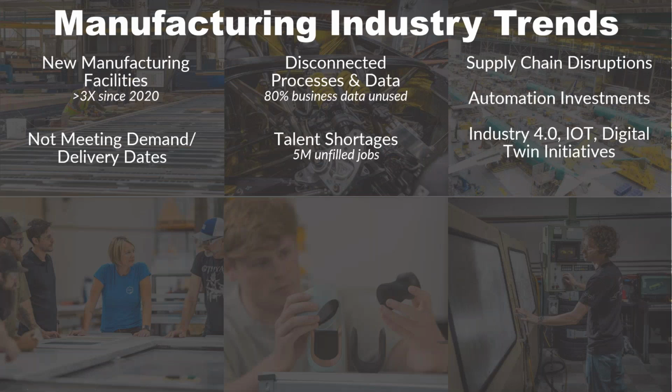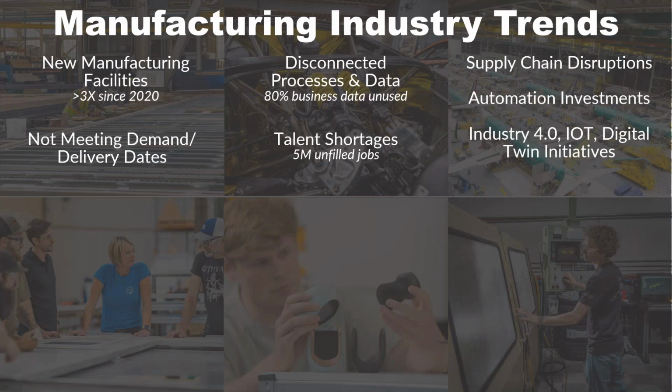In the manufacturing industry right now, there are a lot of significant changes happening. One of the key ones is that new manufacturing facilities are being built at a record pace.